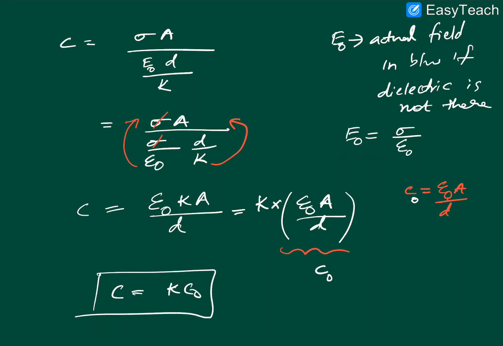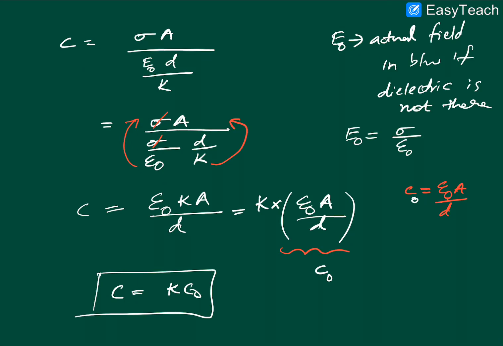What does it mean? When there is no dielectric present, or only air is present in between, if capacitance is C0, now if you insert a dielectric constant K, you can see that capacitance actually increases, because you are multiplying initial capacitance with K. K will be always greater than 1, because any dielectric will have a dielectric constant more than 1.